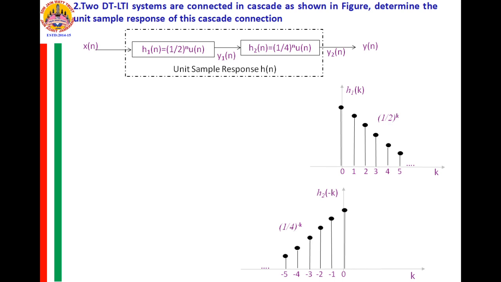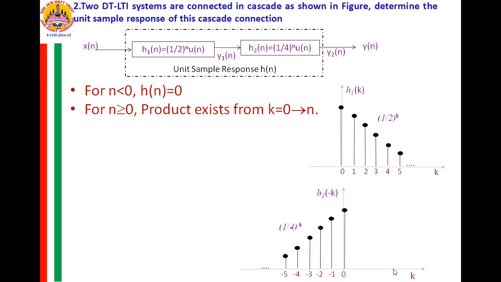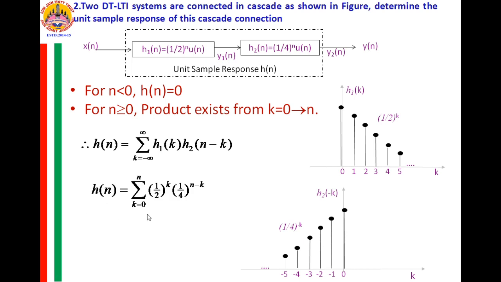Up to that, these two overlap and the product will exist from 0 to n. So k varies from 0 to n, and this convolution sum becomes the summation for k from 0 to n of (1/2)^k (1/4)^(n minus k).